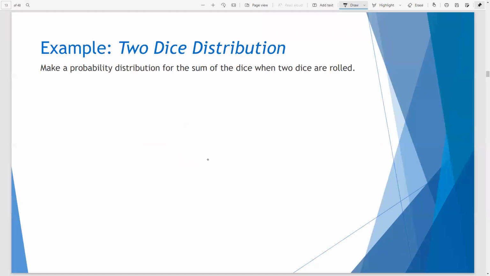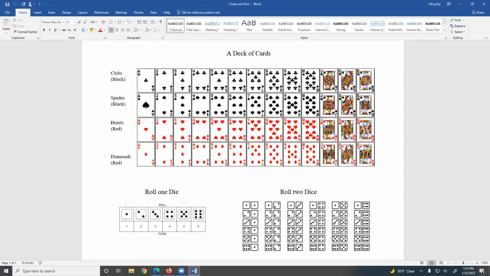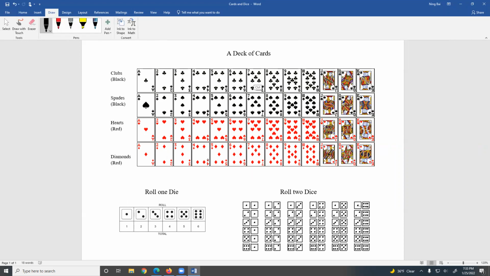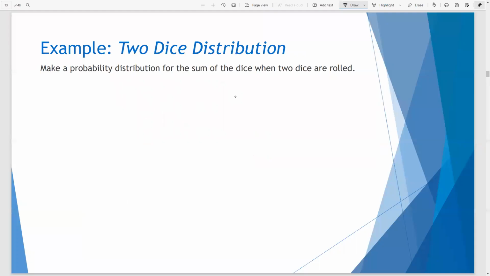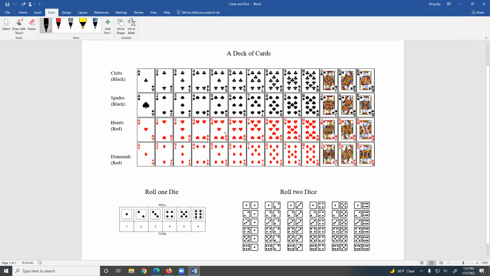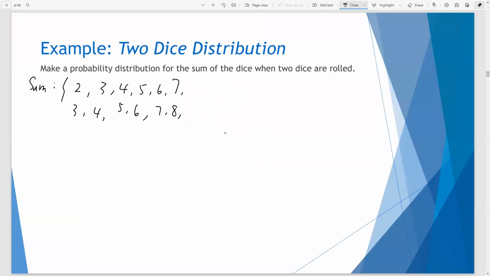So if we take the sum of the face values, we will see the sums are 2, 3, 4, 5, 6, 7. Then 3, 4, 5, 6, 7, 8. No, not 5.